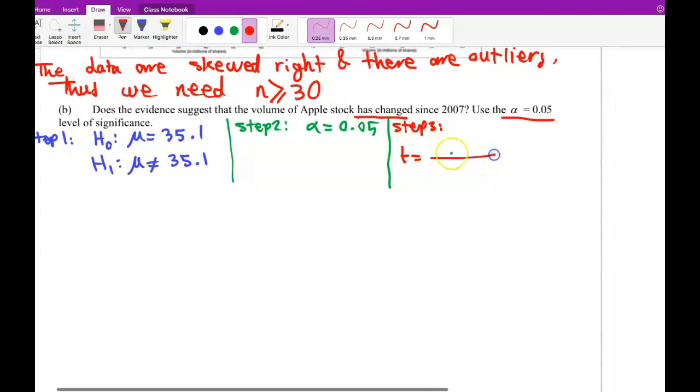So t is equal to x bar minus mean, divided by sample standard deviation divided by square root of n.